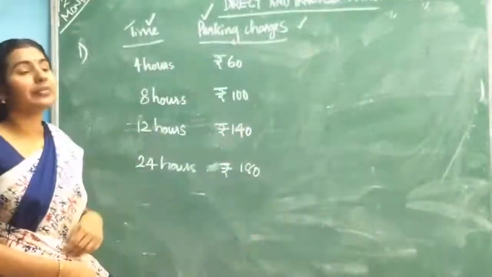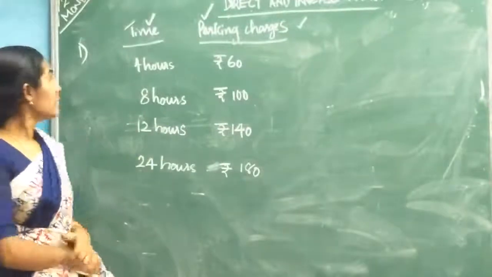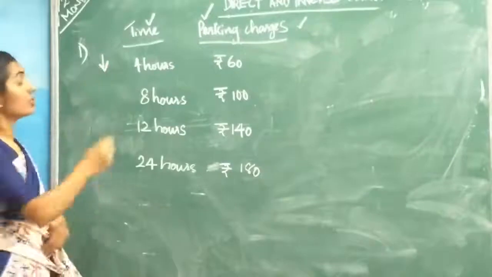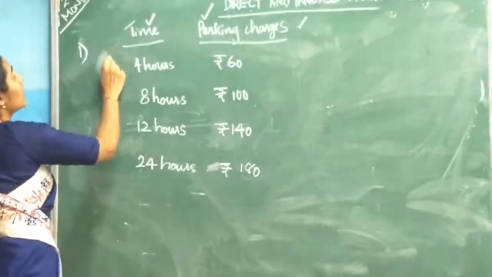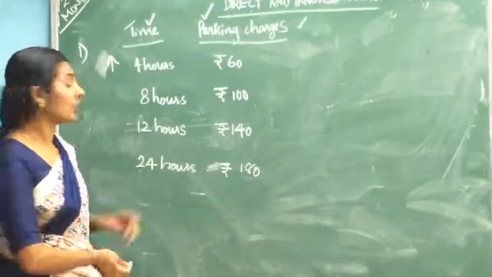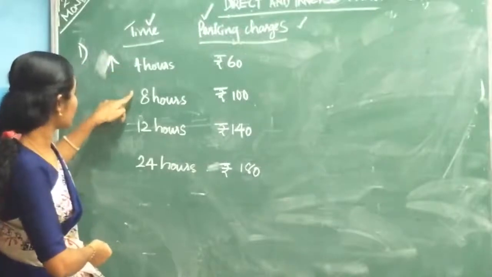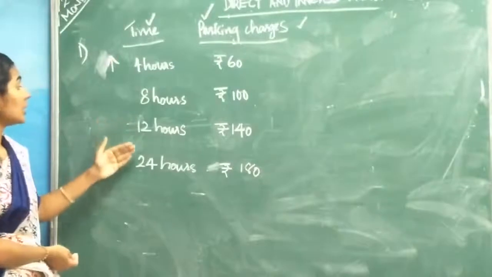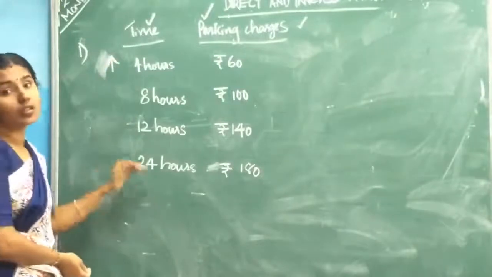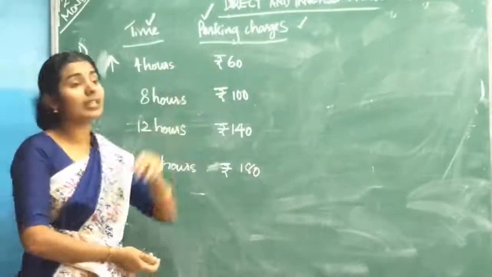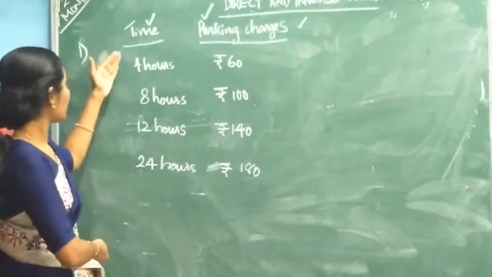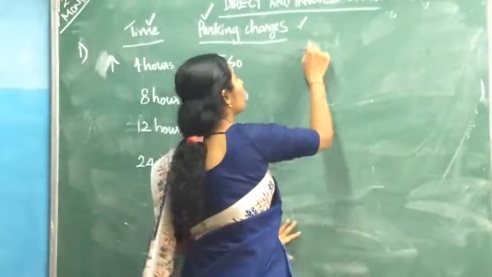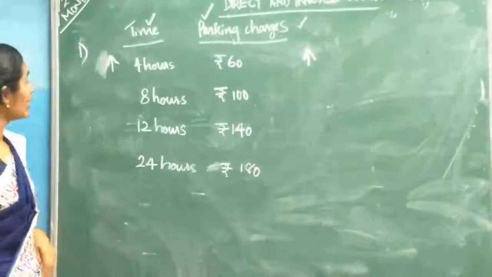First of all, you should see the variation in quantities. See here, the time is increasing, isn't it? 4, 8, 12, 24, like that. So what happened to the parking charges? When the time is increasing, the parking charge is also increasing, isn't it?